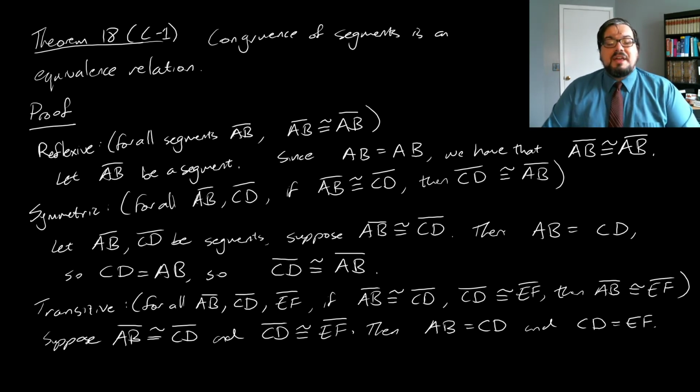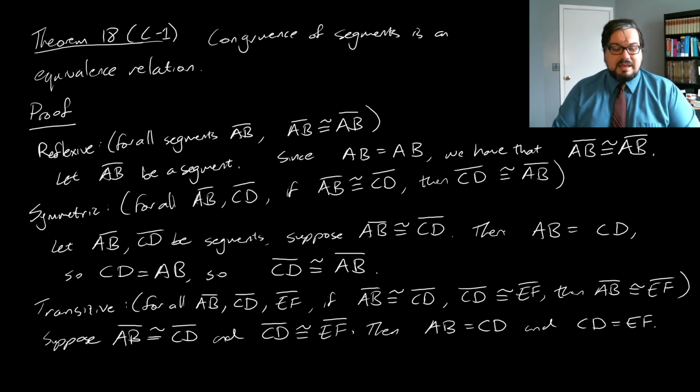But now we know that equality of numbers is transitive. We know AB is equal to CD, CD is equal to EF, therefore AB has to equal EF. And so that means that the segment AB has to be congruent to the segment EF.